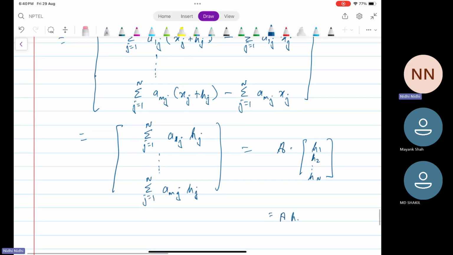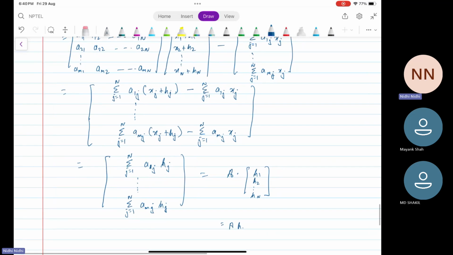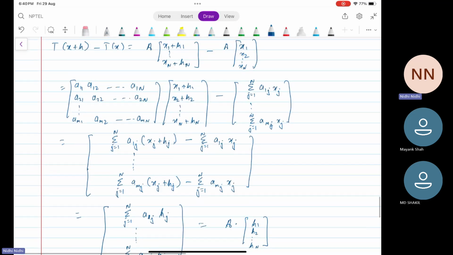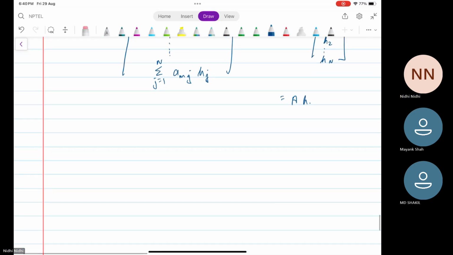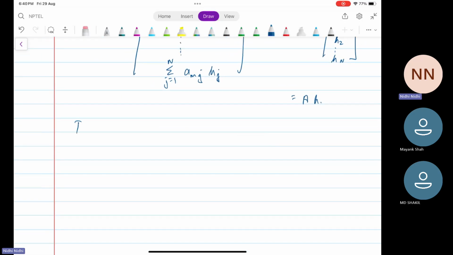So if I take the map to be this Ah, that means if we take dTx to be the linear map T itself, then from there we'll get dTx at h will be T at h, which is A times h.